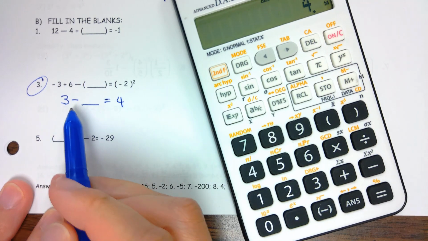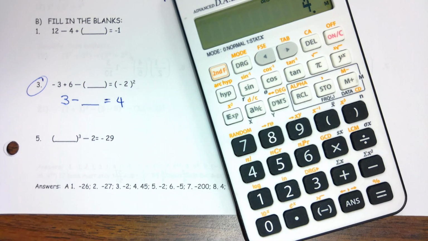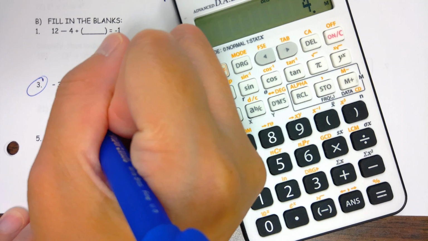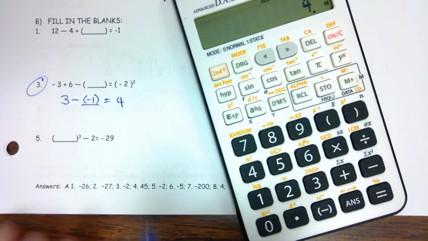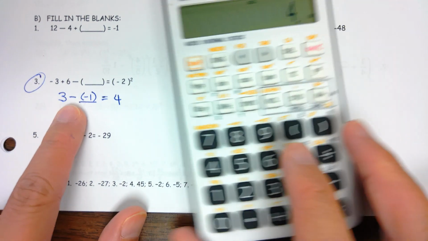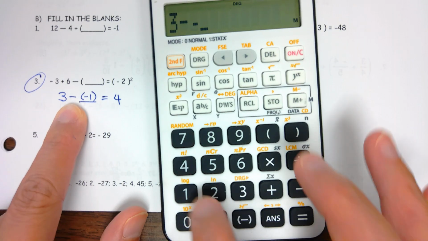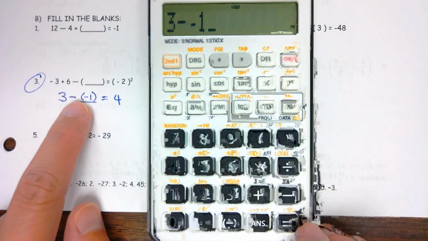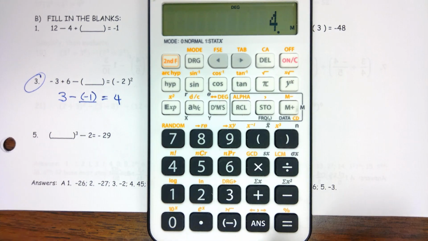So 3 minus what gives you positive 4? Can 3 minus a positive number give you 4? Charles? Negative 1. Negative, right. I like the trick question. Good. Because 3 minus negative 1, two negatives make a positive, so you get the 4.